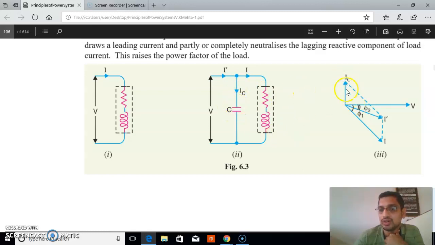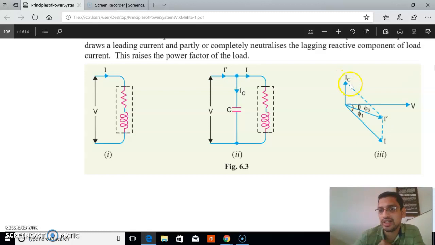So we draw IC above V with an angle of 90 degrees. Now the circuit current I dash is the resultant of IC and I. We have already drawn I and IC, so now we draw their resultant, I dash.